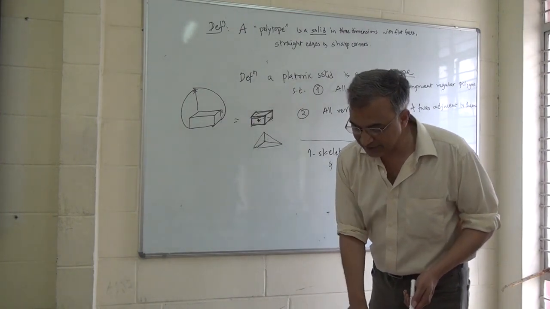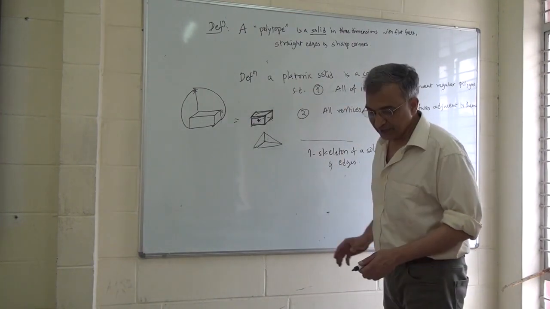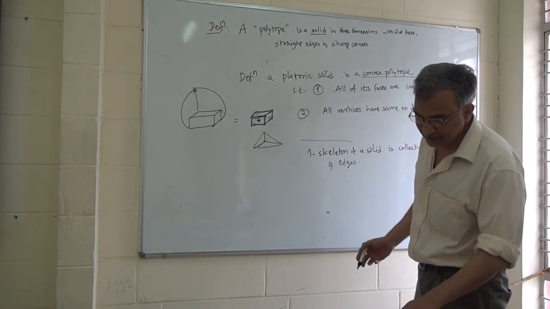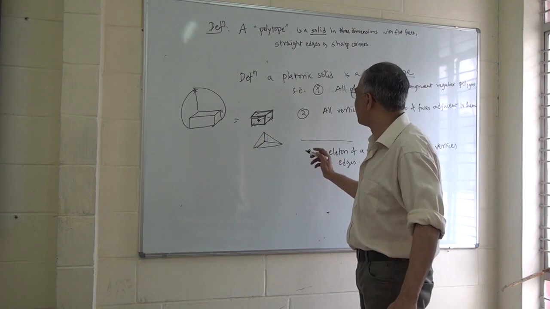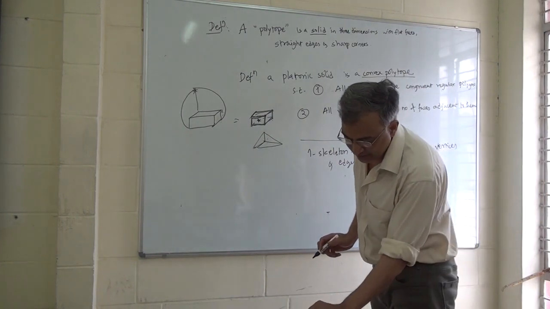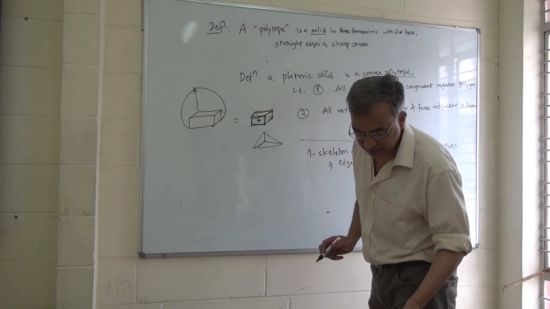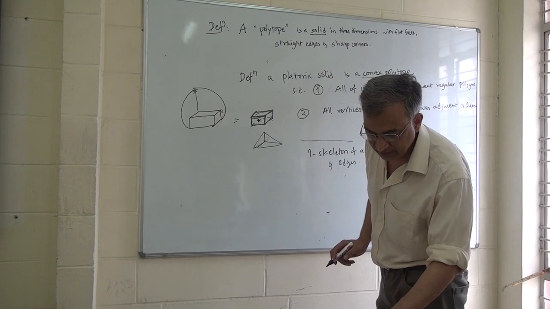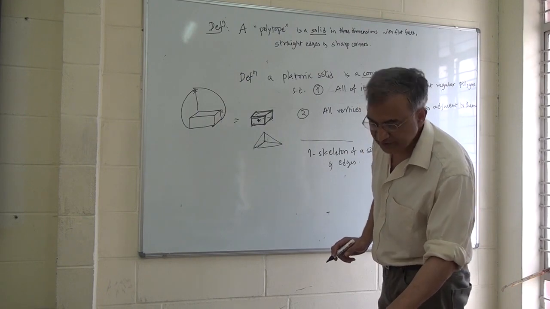And using the Euler's theorem, what we can show with some analysis is following: that there are only, so let us say, what is the m? M is the number of just n edges, and m is the number of faces.